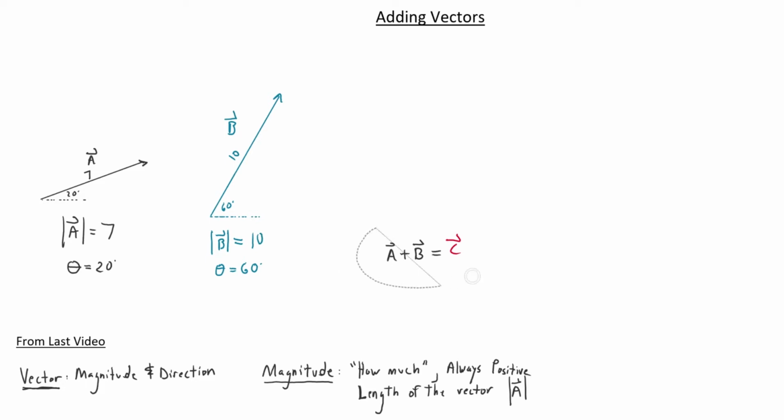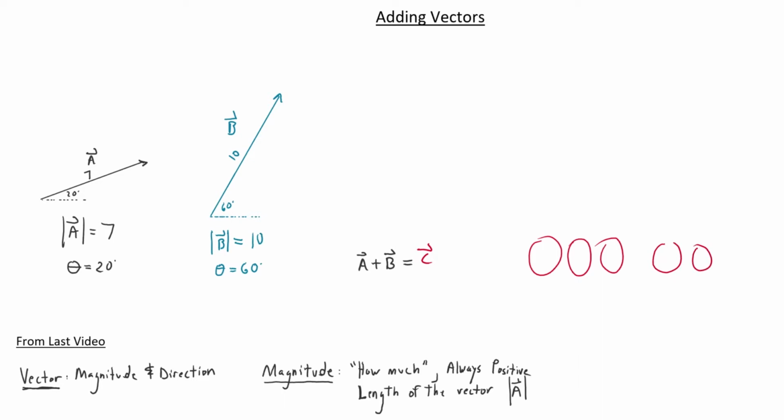But here's how I like to think about vector addition. If I have 3 apples here, and then I put 2 more on top of it, as a whole, I now have 5 apples. I treat all these apples as one unit, and there's 5 of them. That's how I like to think about vector addition. I start with my first vector, that's my A, and I draw it.